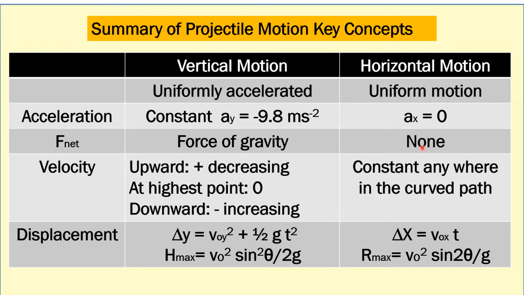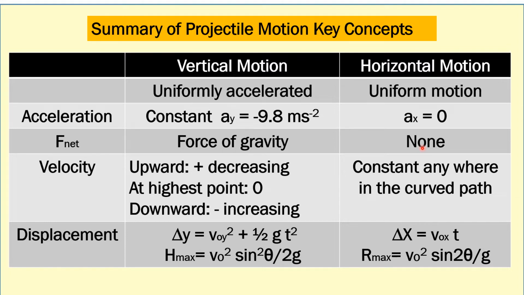The very reason why a body is continuously moving in a horizontal motion is simply because of the effect of inertia in motion, and this is based on Newton's first law of motion.